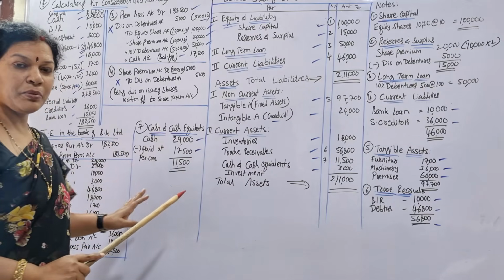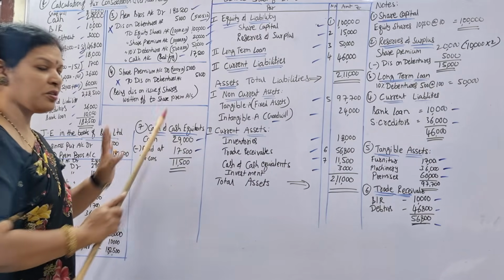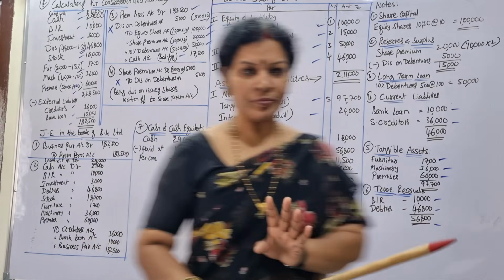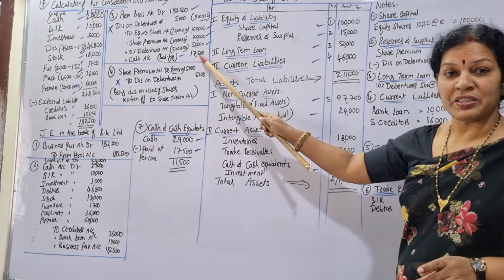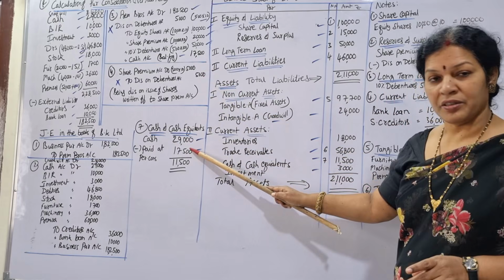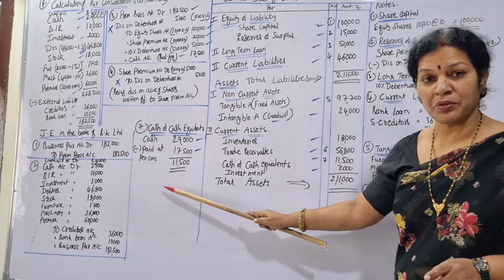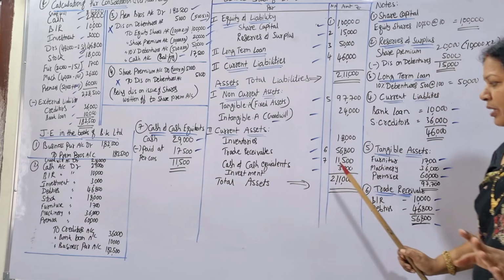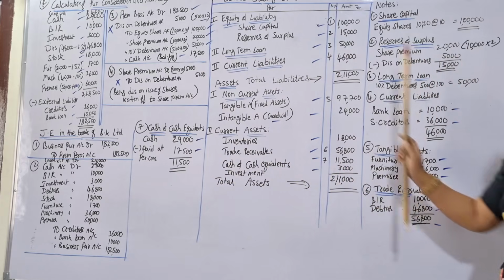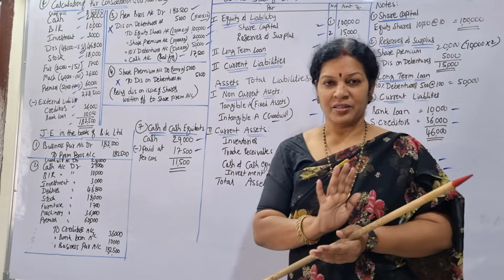Now cash and cash equivalents, as per the balance sheet, was given as 29,000. Out of 29,000 we have already paid 17,500. Deduct it, so you are getting 11,500 to be shown in the balance sheet. That's all. Nothing to worry.